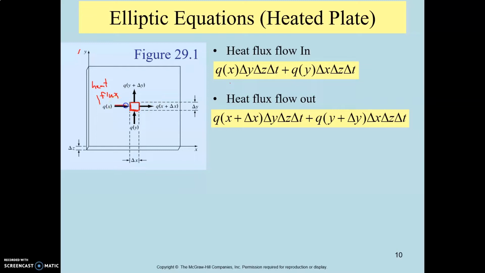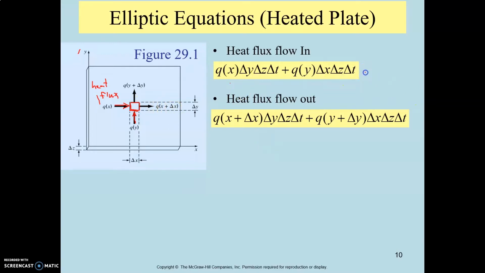The incoming heat flux consists of Qx and Qy, which are the heat flux in the x and y dimensions. After passing through this element, the heat flux flowing out is Qy plus the step size in the y dimension, which is delta y, and also Qx plus delta x.